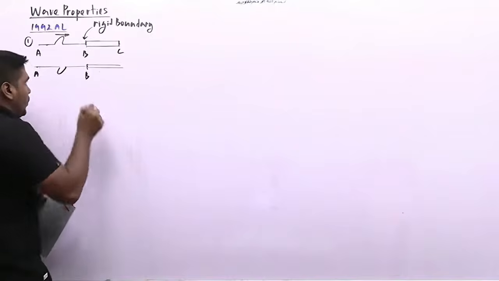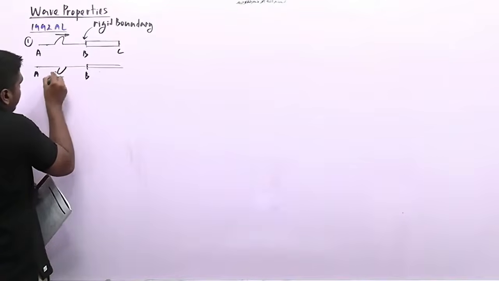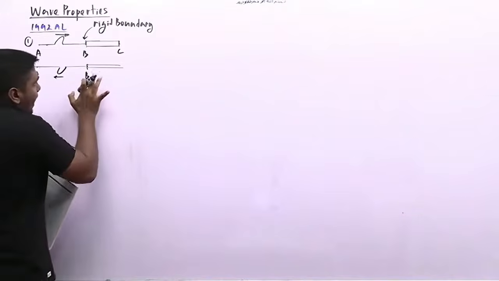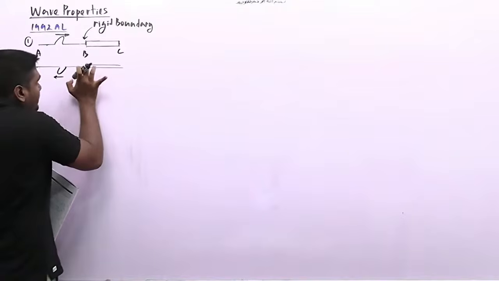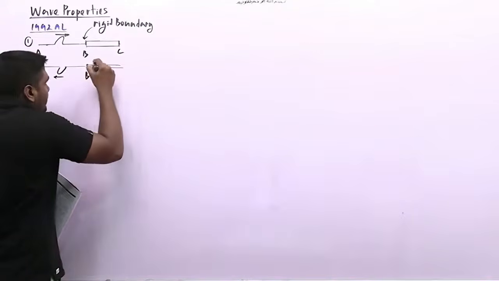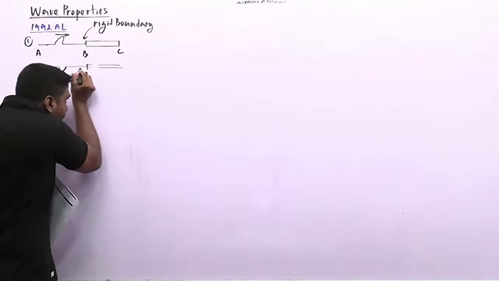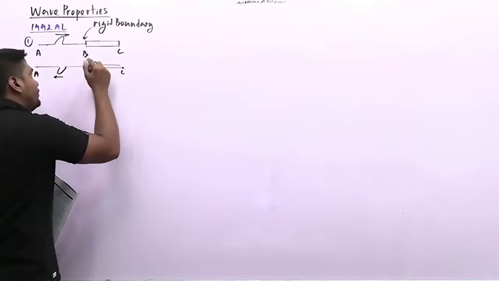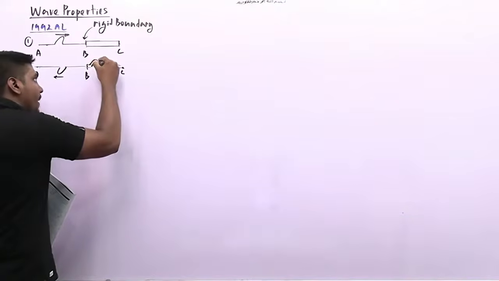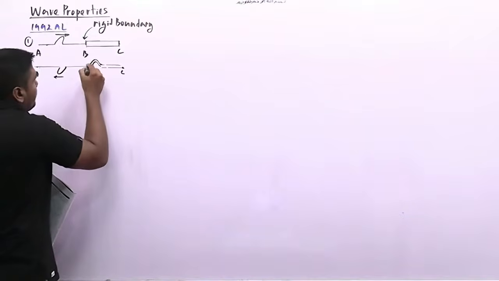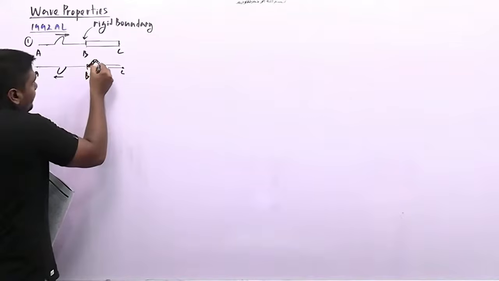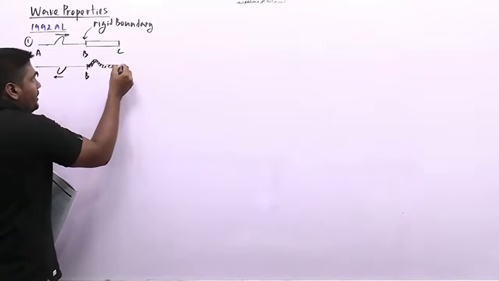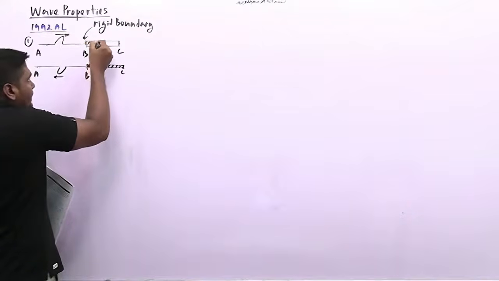I taught you that too. And a small wave pulse is moving along the BC string to the right. It has a very small amplitude. This idea we learned already in theory classes.